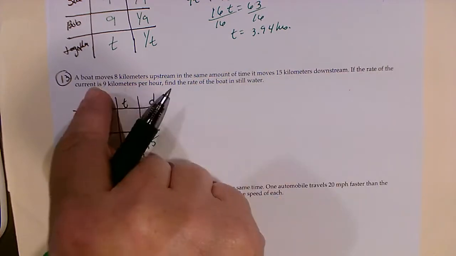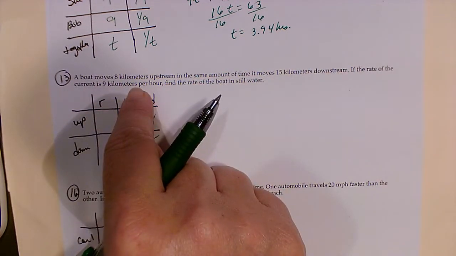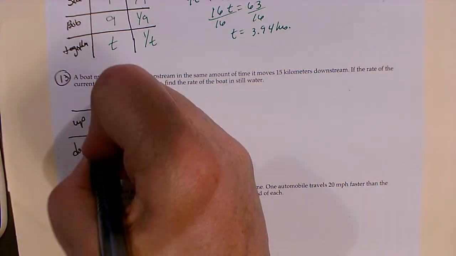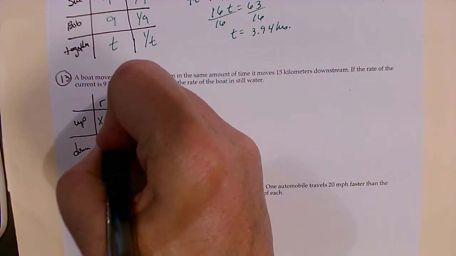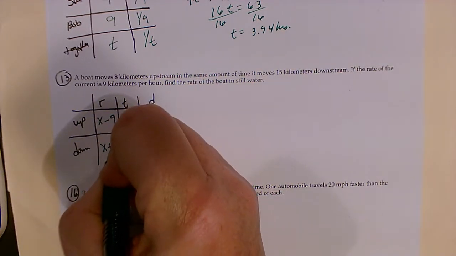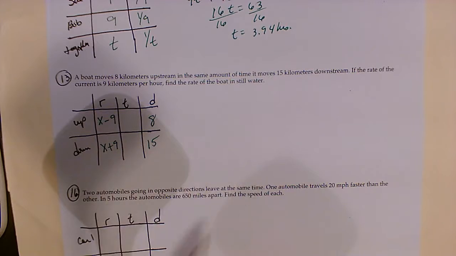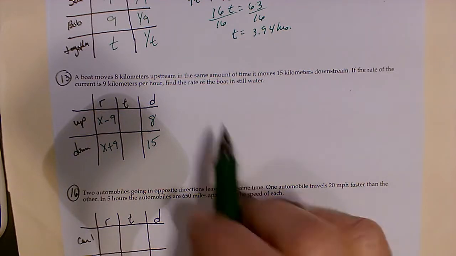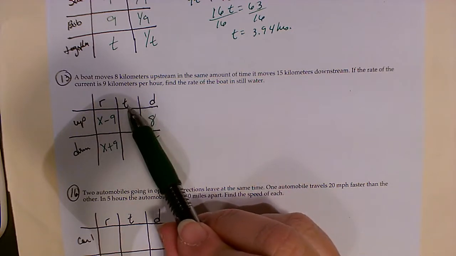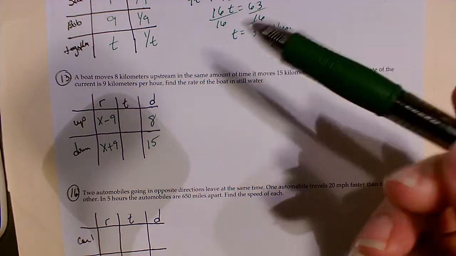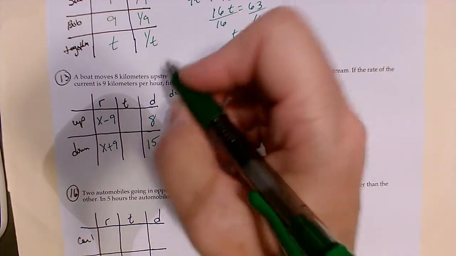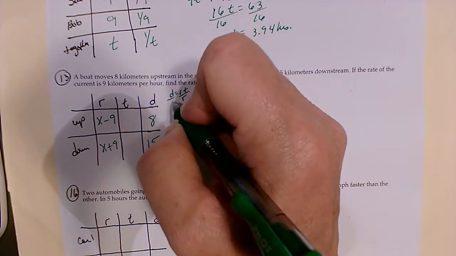If the rate of the current is 9 kilometers per hour, that means when we're trying to go upstream, we're fighting against the current, so we're going to subtract 9. Going down, it's going to add and help our boat go faster, so we're going to add our current going down. And then they're at the same time. So we can solve for t with our d and our r, because if d equals rt, to solve for t, all I have to do is divide by r.